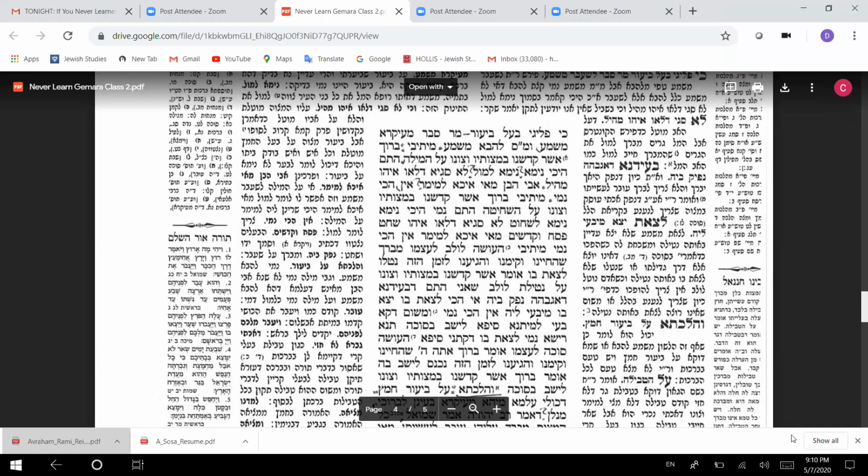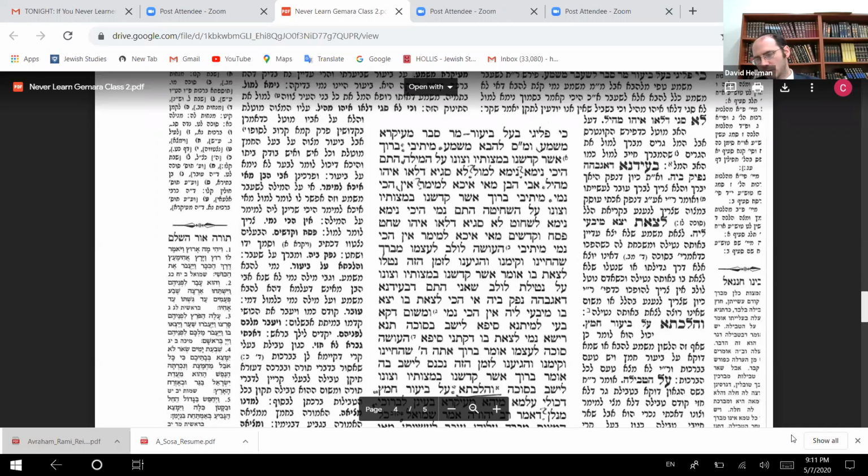Let me ask: is this helpful? Are you getting a sense? Yeah, it's nice. So the idea is the next time there's a shiur and I present a piece of Gemara, but I do it more quickly, we'll have a better understanding. Like, oh, the Gemara quotes a brisa, so that can sort of knock off an Amora. He can't argue with that. And just a general sense. These are the kinds of questions we're asking.